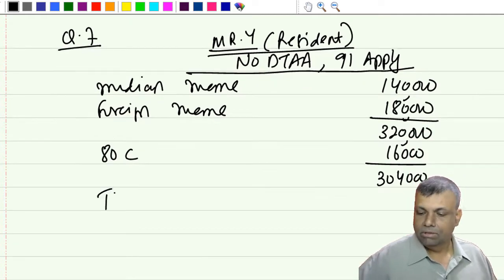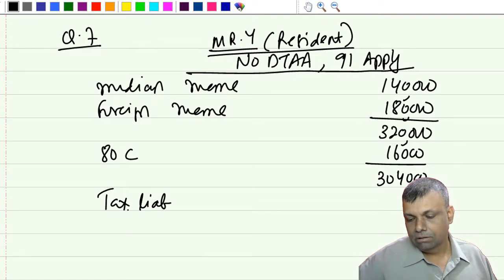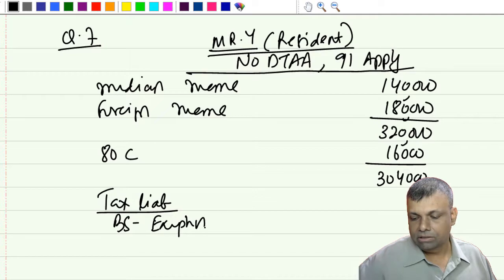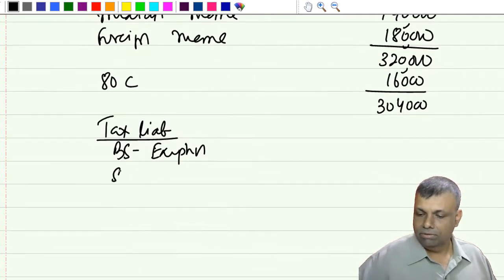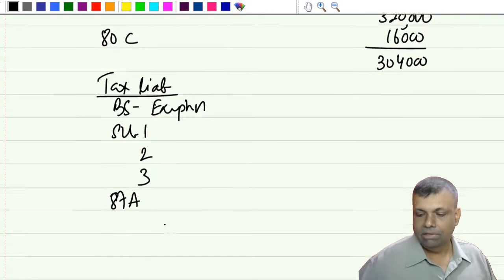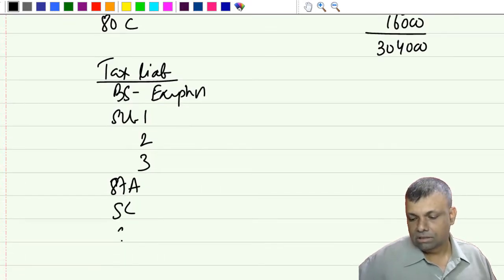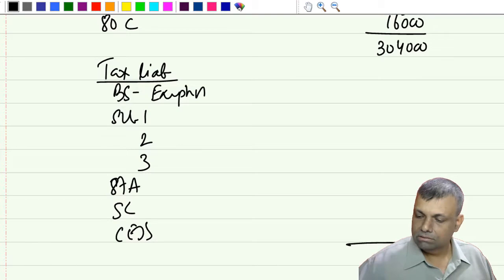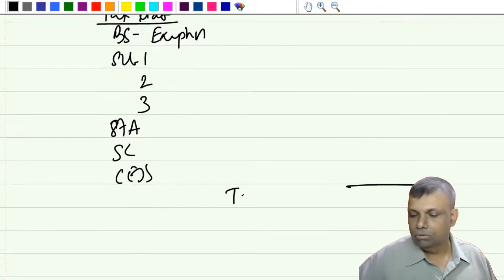Now straight away go to the tax liability calculation. Basic exemption, you can start doing it on your own now. Need not wait for me. Slab 1, 2, 3. 87A rebate on merits, surcharge on merits, cess on merits. This will straight away give you the tax liability.